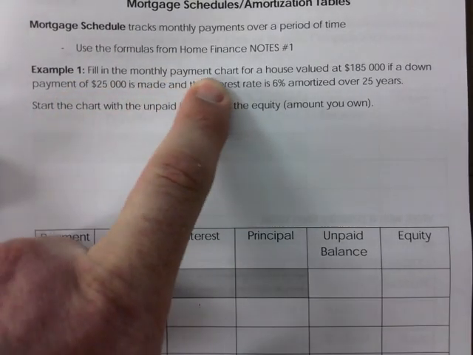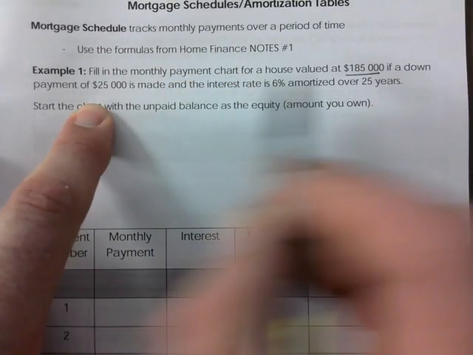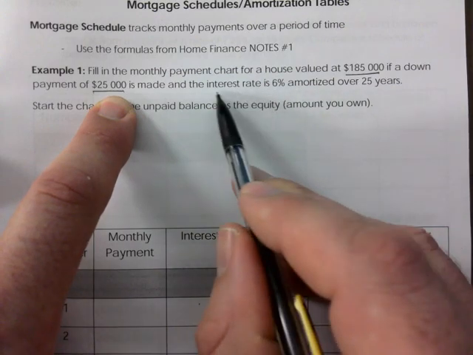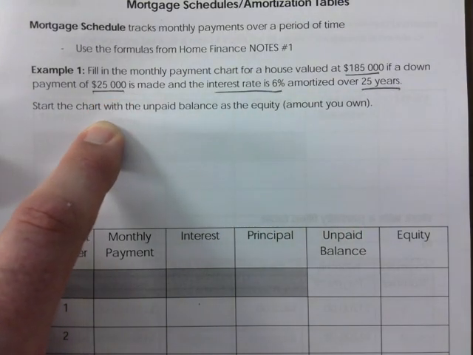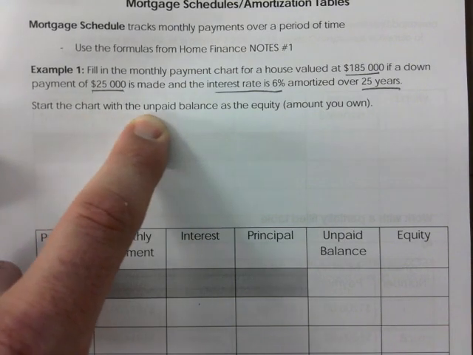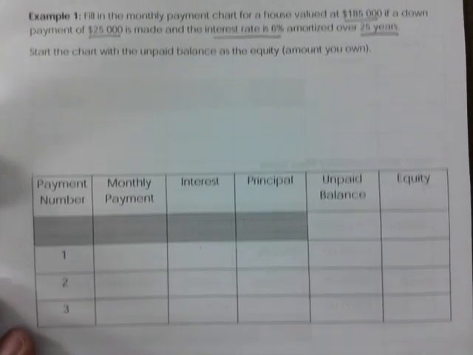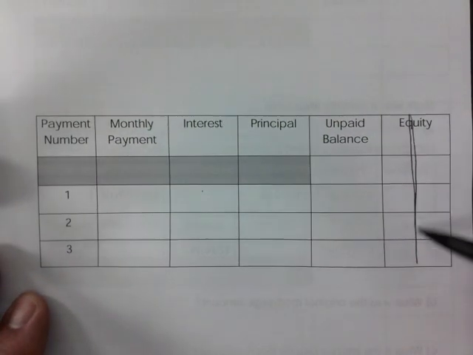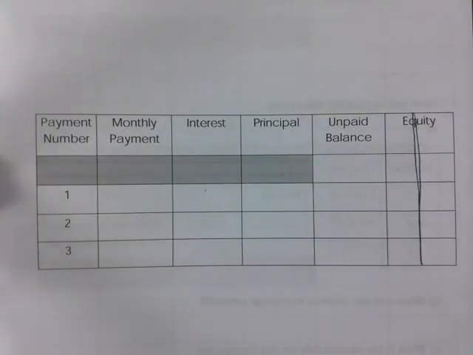All right, so example 1. Fill in the monthly payment chart for a house valued at $185,000. There's a down payment of $25,000, and the interest rate is 6% over 25 years. Start the chart with the unpaid balance as equity, right? I will get rid of the equity column, so you can scratch that, because that's not 100% accurate. The house also increases in value, so I just like to leave that out.